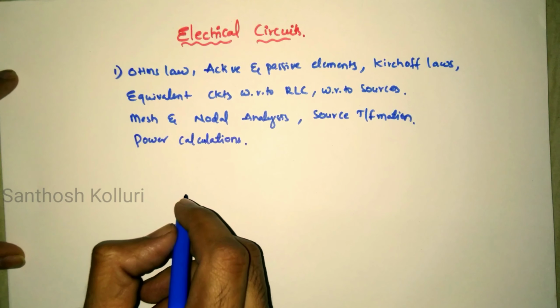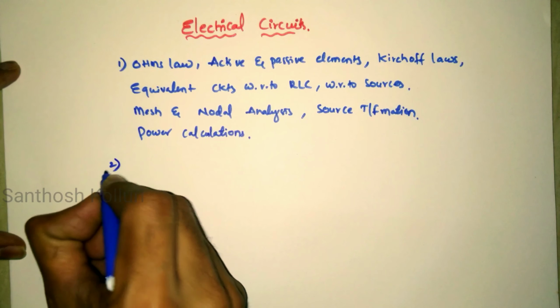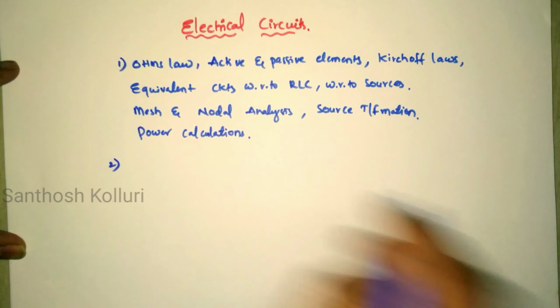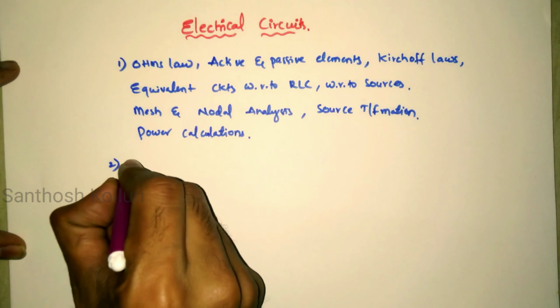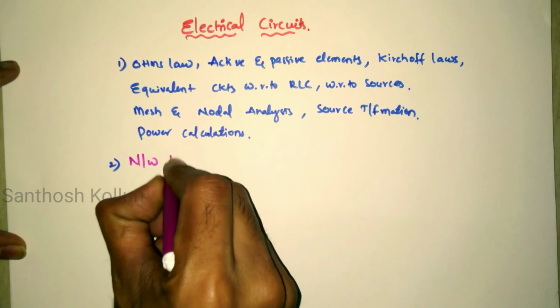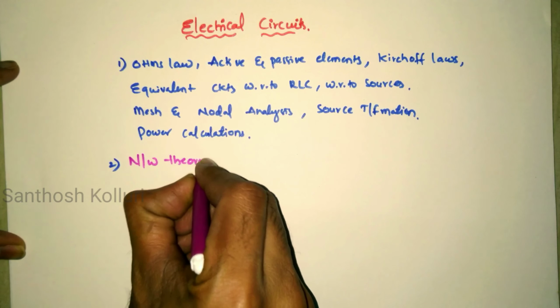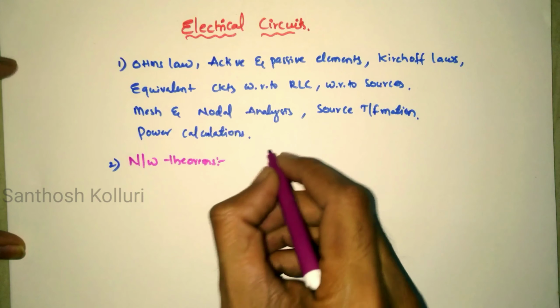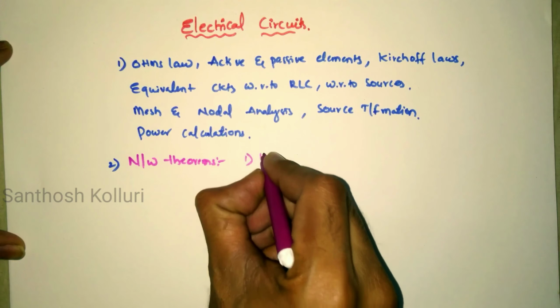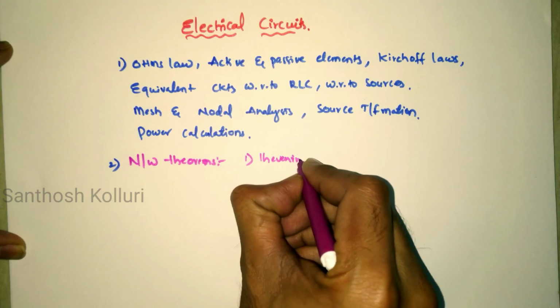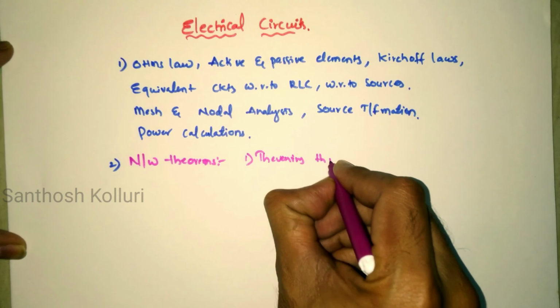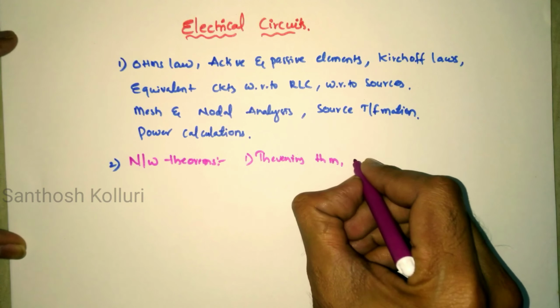So this comes under part 1, and coming to part 2, we will have network theorems. There are different network theorems. In that we have Thevenin's theorem, and Norton's theorem.